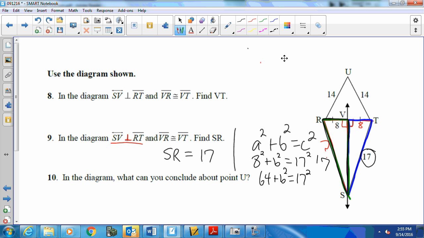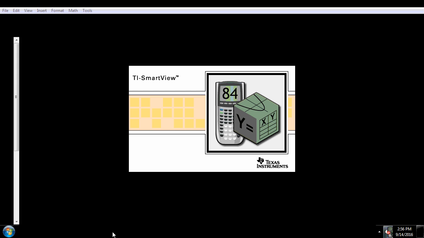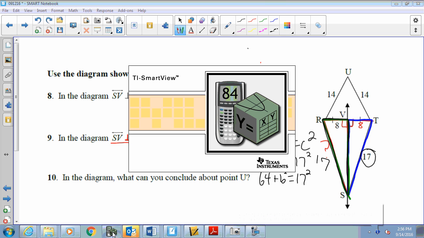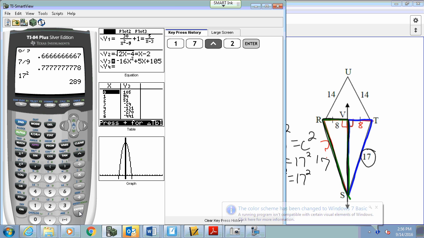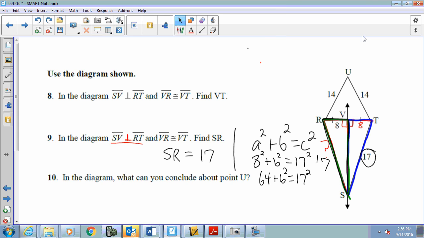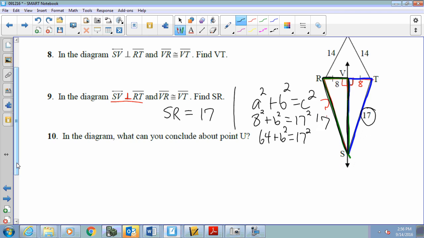All right. And let me do, what is 17 squared here? $289. Good. So that's 64 plus b squared is equal to 289.